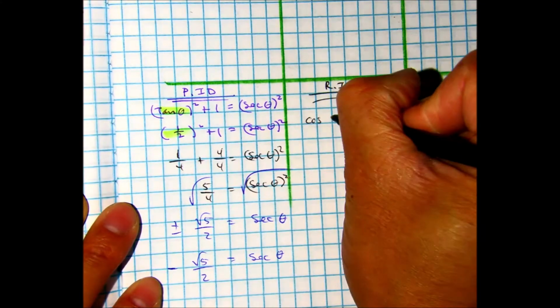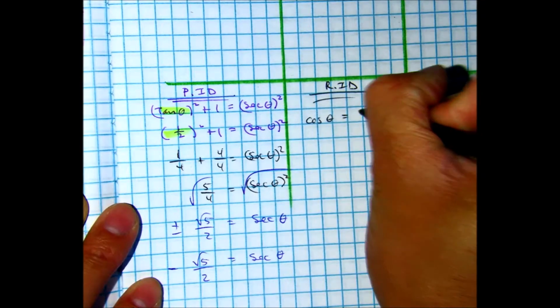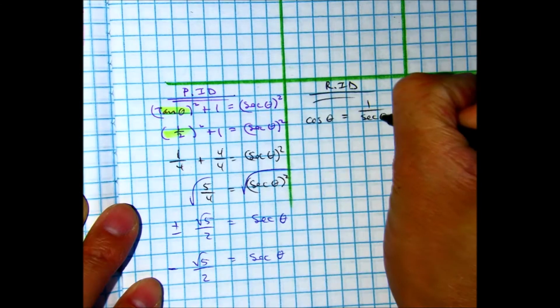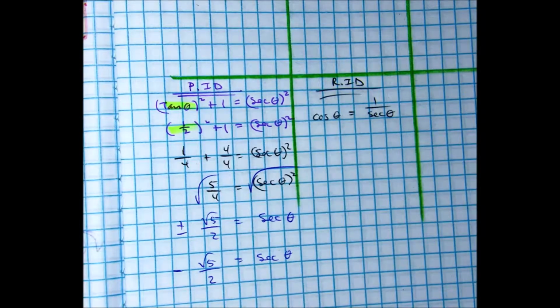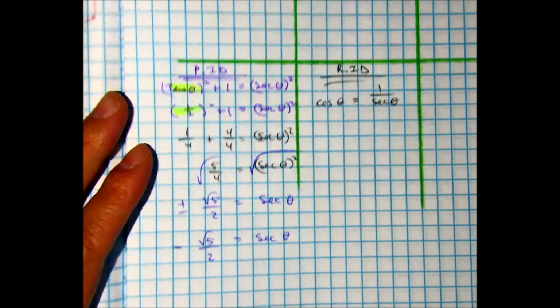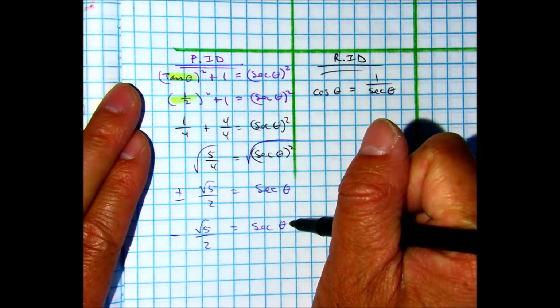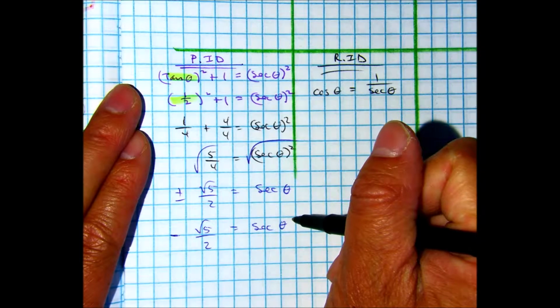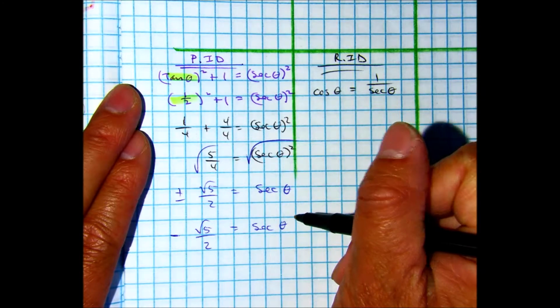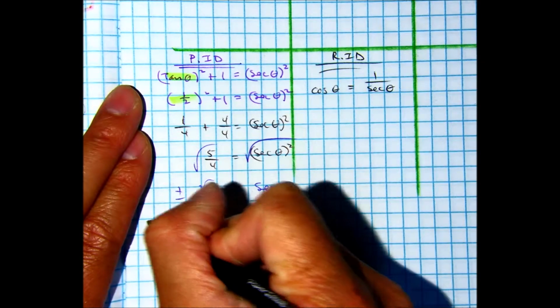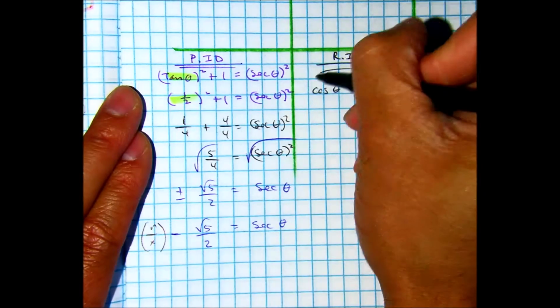Cosine of theta equals 1 over secant. Another way you can think about it is, what letter is secant? X, Y, and R. If this is R over X, you can just flip it, can't you?